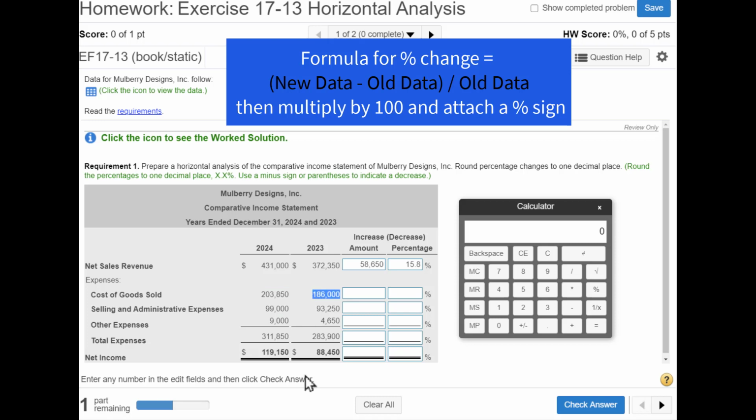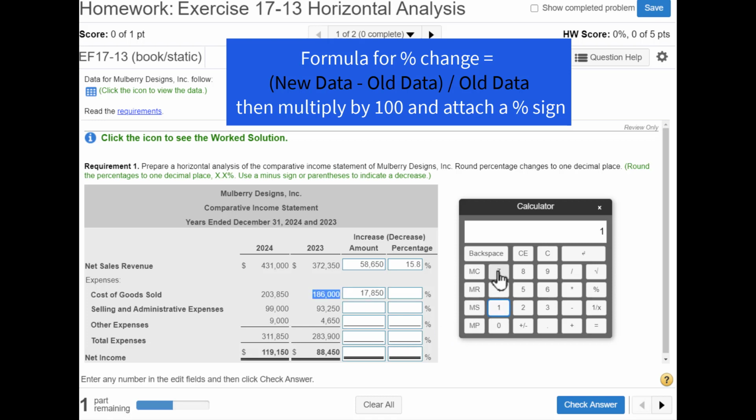Next, for the amount of increase or decrease, 203,850, which is the new year, minus the old year, 186,000, gives us 17,850. And then for the percentage change, we're going to take new minus old, which is the amount of increase, divided by old, which is 186,000.